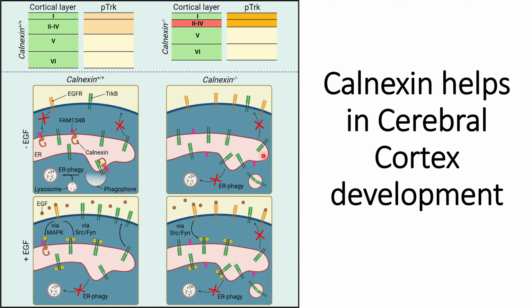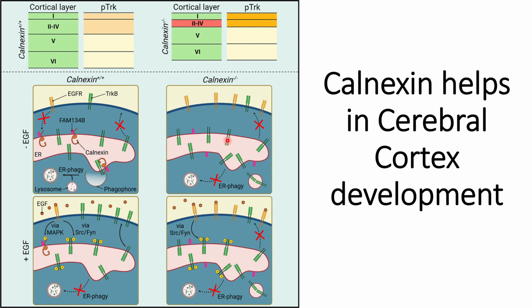And when they checked the cells in the absence of Calnexin and in the absence of EGF, what they found is that there is neither ER-phagy, nor is the expression of TrkB on the cell surface increased.